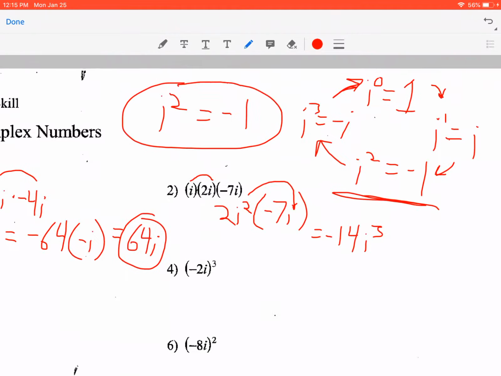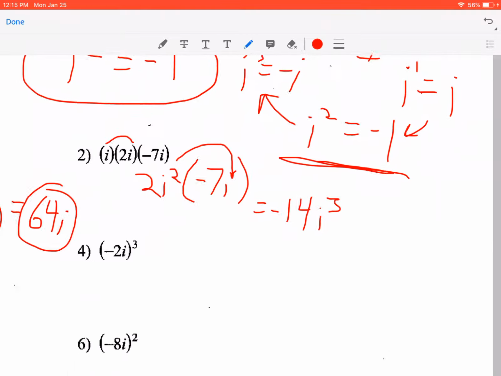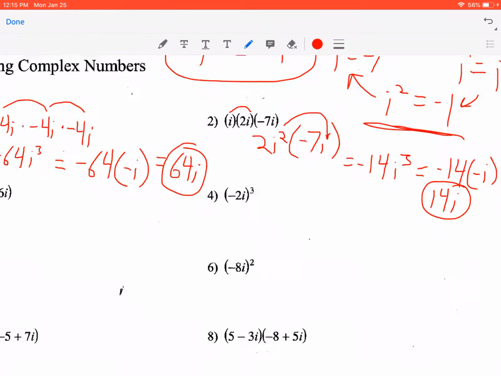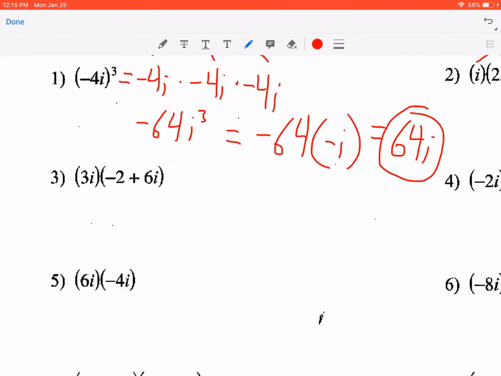But again, what was i to the third equal to? -i, so I get a -14 times -i. Negative times a negative is a positive, so your answer should just be 14i.